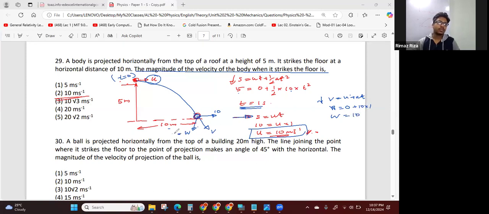Therefore this is also 10. So 10 squared plus 10 squared is 200, and the square root is 10 root 2 meters per second.